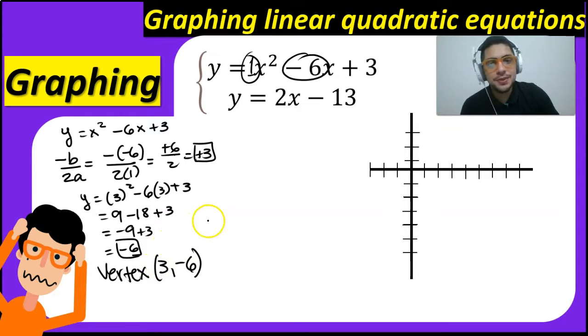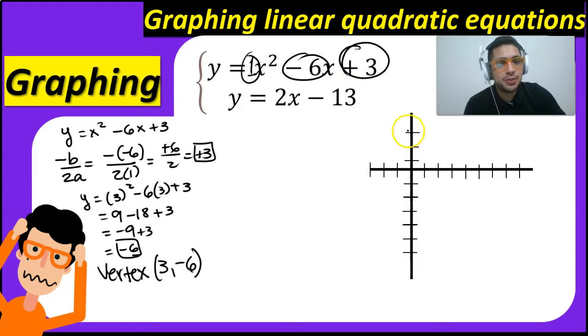We also know that the y-intercept is going to be plus 3. So the graph is going to pass in the y value of 3. And then the vertex is going to be around 1, 2, 3, and the value of negative 6.